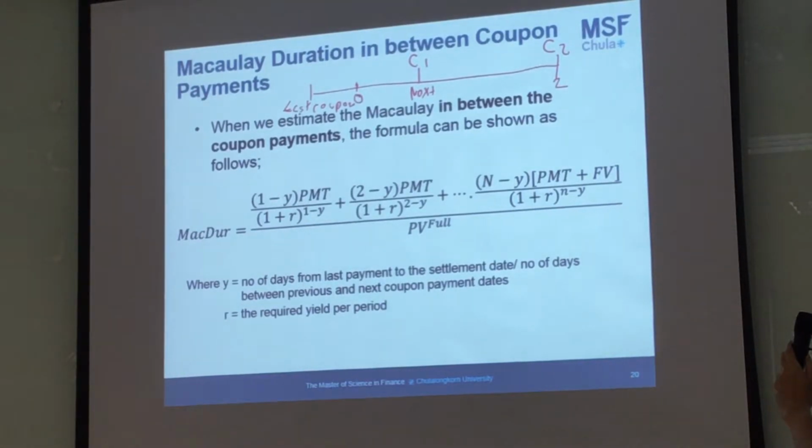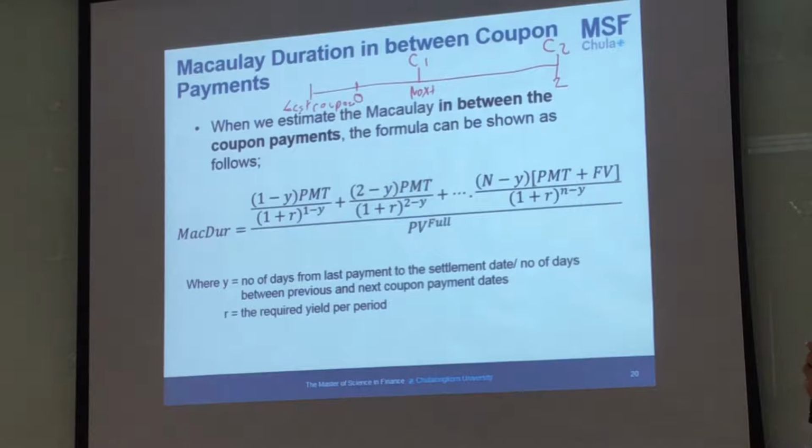Suppose the time interval for the coupon payment is 180 days. So one period. Suppose the bond pays the coupon every 6 months, and this is 180 days.